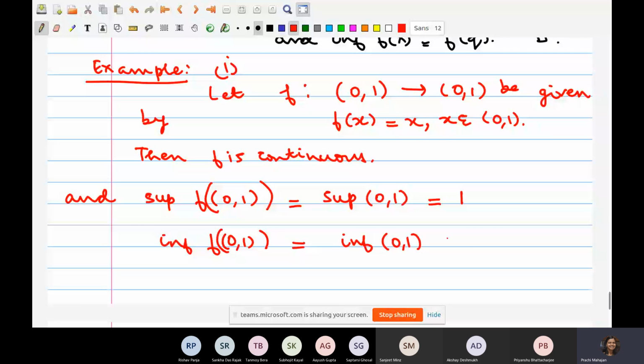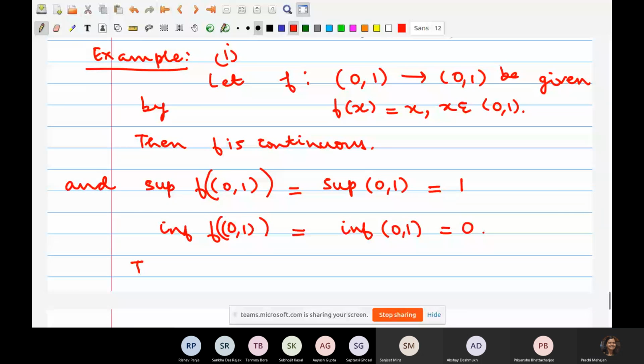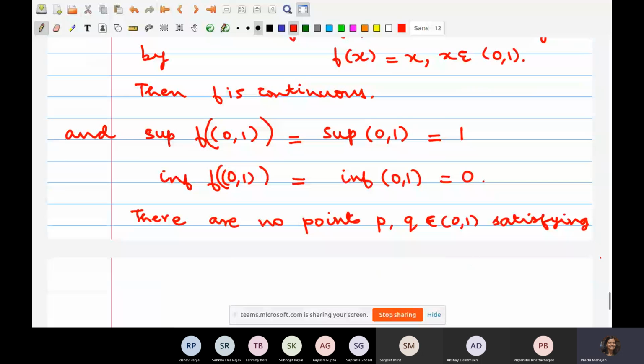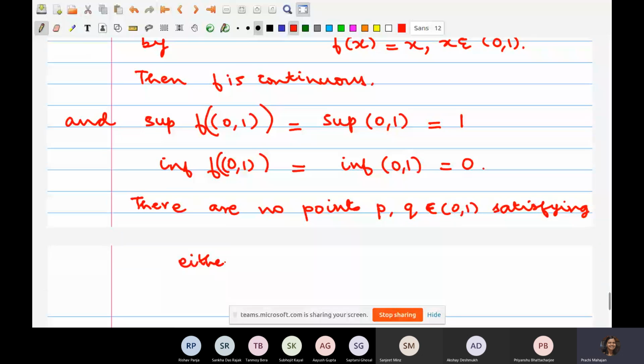Now, evidently, there are no points P, Q in the open interval 0, 1 satisfying either f of p is 1 or f of q is 0.